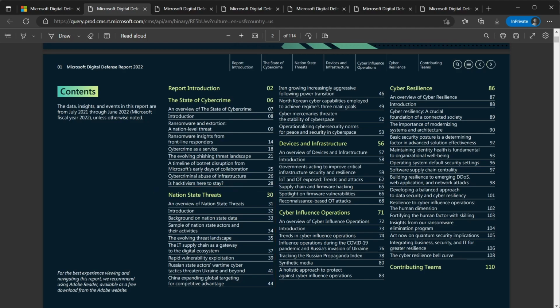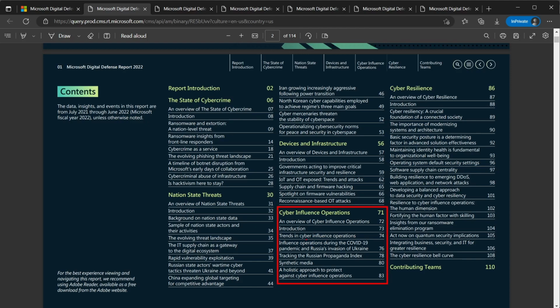It also looks at devices and infrastructure, so how OT networks, IoT and supply chain are being affected by malicious actors. Then it looks at a very important topic here, cyber influence. This topic to me was very interesting because it looks not only at cybersecurity from a technology perspective, but also from a people perspective.